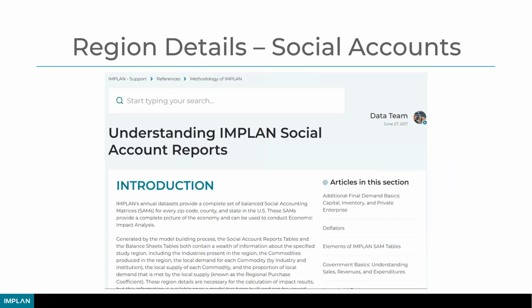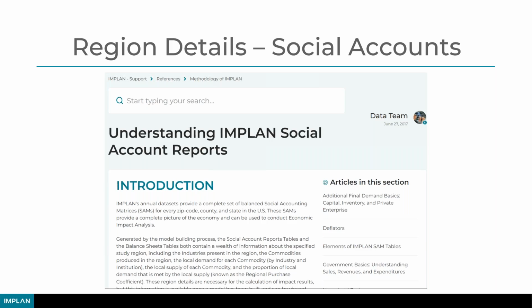The next piece I want to look at is the social accounts reports. And again, like most of the pieces I'm looking at today, a lot of this is explained in detail in different parts of the support site, support.implan.com. So in here, if you go to references, methodology of IMPLAN, you get to an understanding of IMPLAN social account reports.